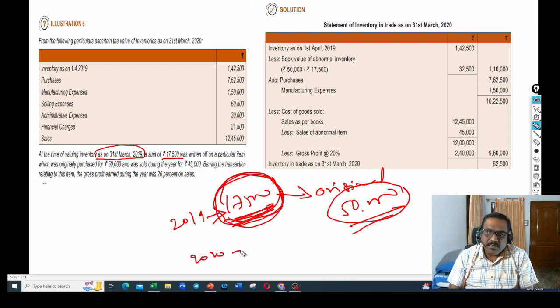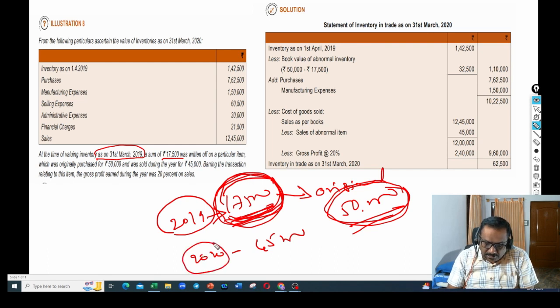That item has been sold in 2020. For how much? 45,000. This amount was written off in 2019, the original value of the item is 50,000, and in 2020 this item was sold for 45,000. Why this confusion?